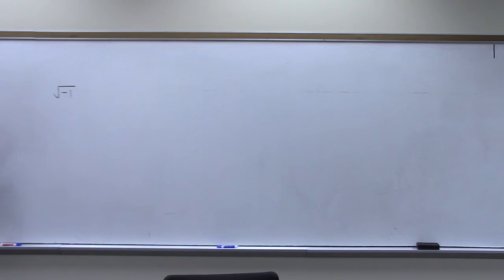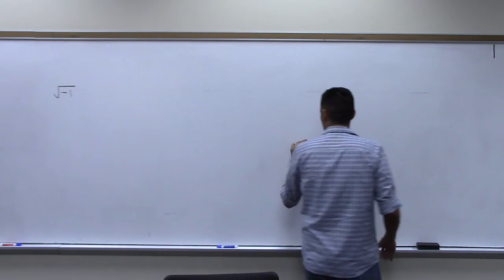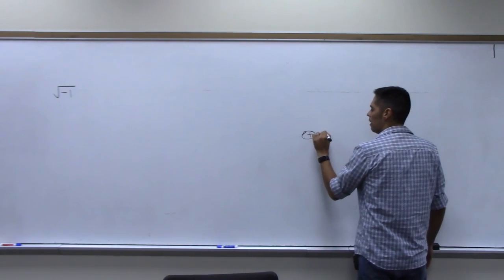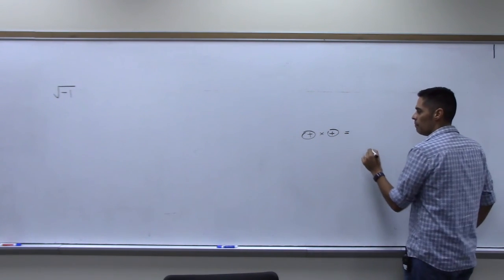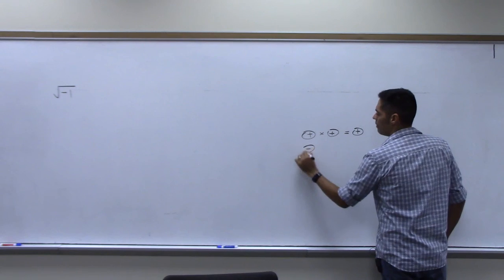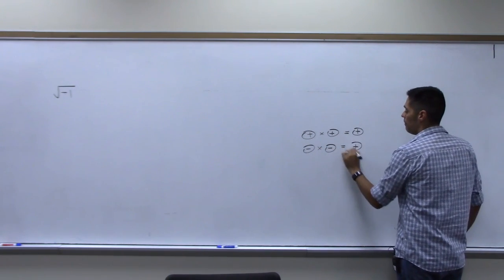Yeah? This is a problem, isn't it? This presents an issue for us, because we know a couple of things with arithmetic, that if you take a positive number and you multiply it times another positive number, your answer should be what? Positive. And if I take a negative number and multiply it times a negative number, I should get positive, right?